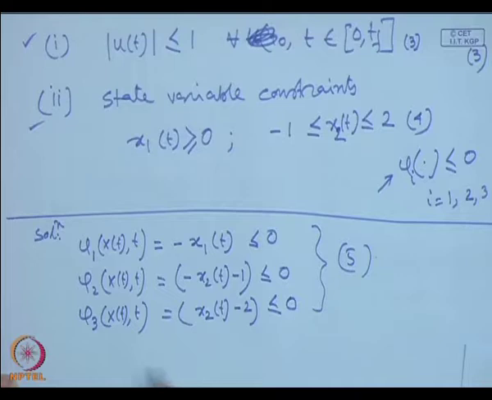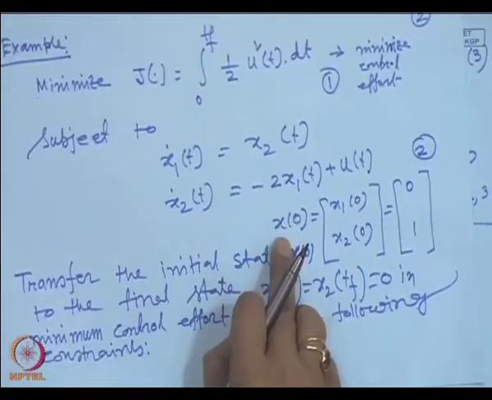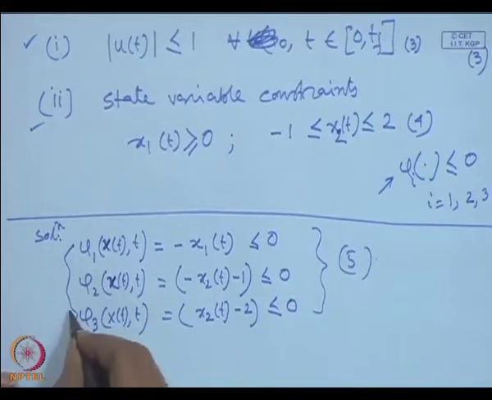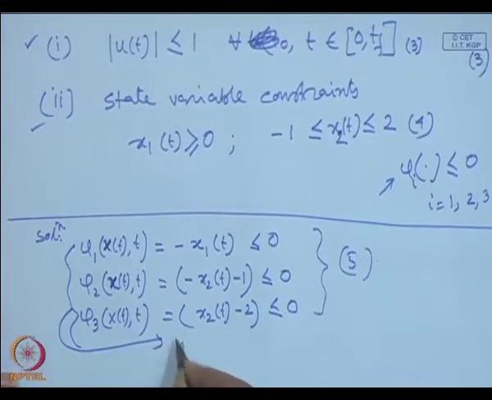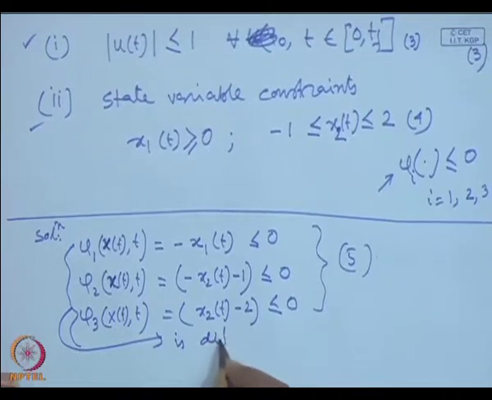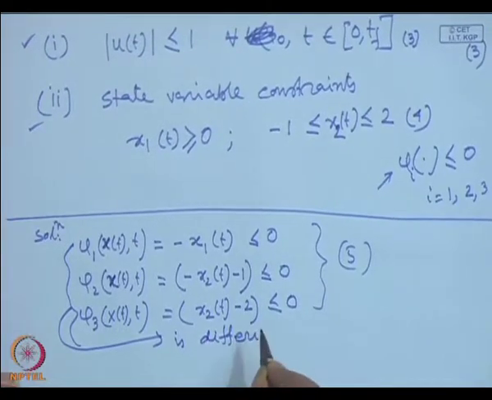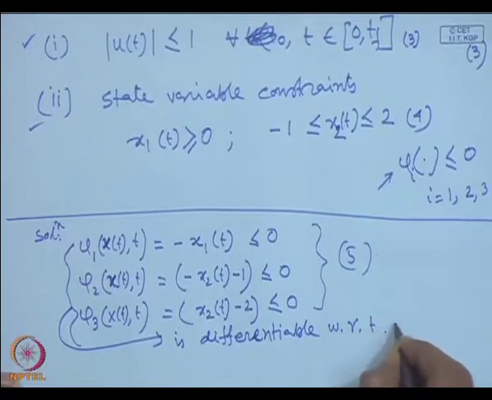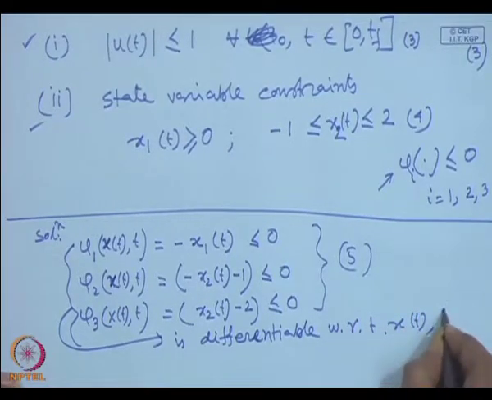Each constraint is differentiable with respect to x of t. Better to write it as small x, which is equal to x 1, x 2. So all these are differentiable with respect to x of t and time.